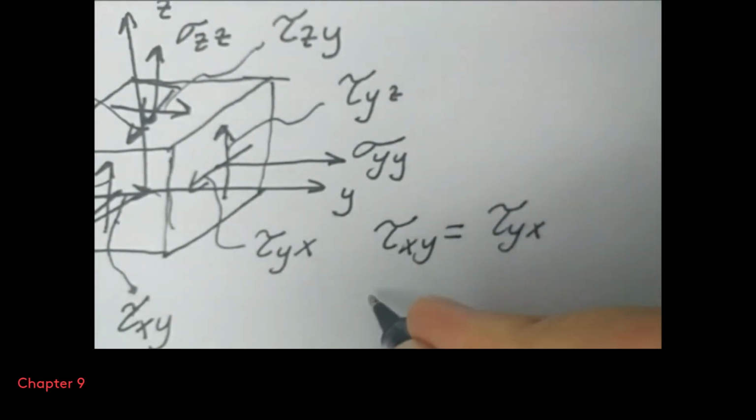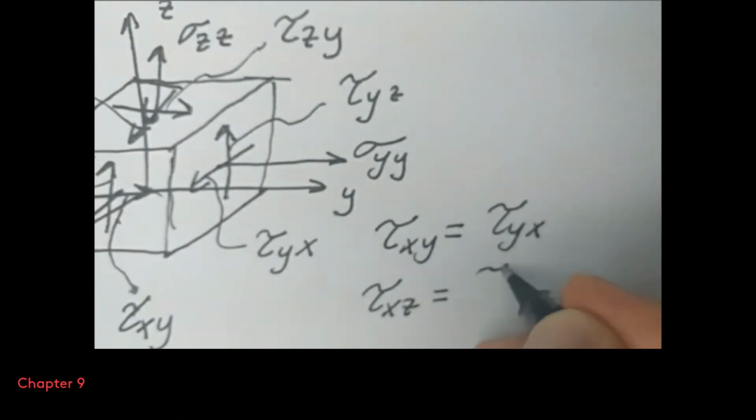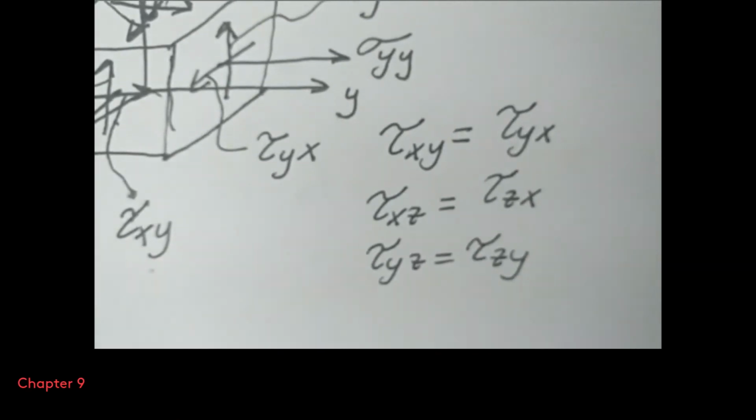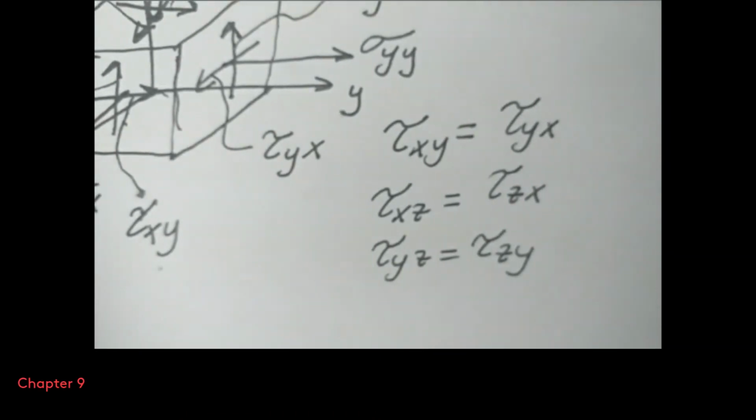Identically, tau xz is equal to tau zx, and tau yz is equal to tau zy. As a result, among the 9 stress components, 3 pairs are identical, so we are left with 6 stress components which act on a unit volume element.